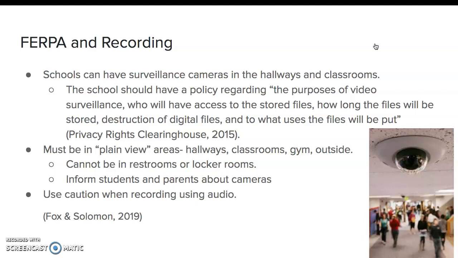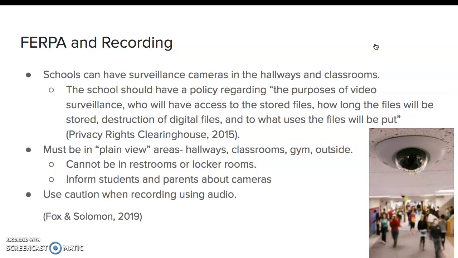All cameras must be in plain view areas such as hallways, classrooms, the gym, outside. They can't be in any locker rooms or restrooms, anywhere that privacy is generally assumed. And we need to inform students and parents about all the cameras.